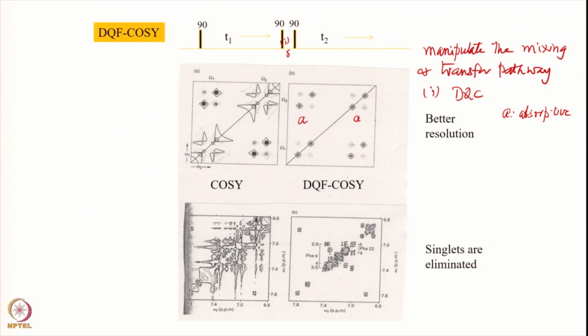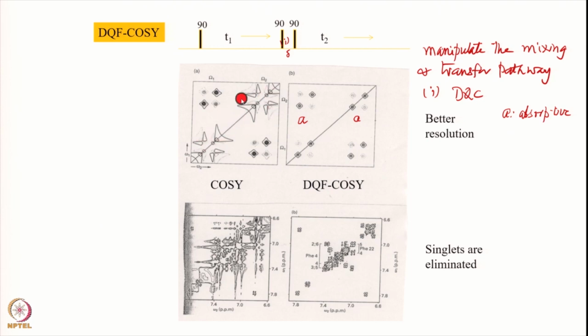And secondly, if there is any singlet in this spectrum, the singlet will appear in the COSY spectrum as a diagonal. It will not have any cross peak because the singlet has no coupling. Therefore the singlet will not produce a cross peak, but it will produce a singlet along the diagonal, and that can be a nuisance like the water, okay. It produces a huge line and it can mask all your peaks which are in the close vicinity of that.